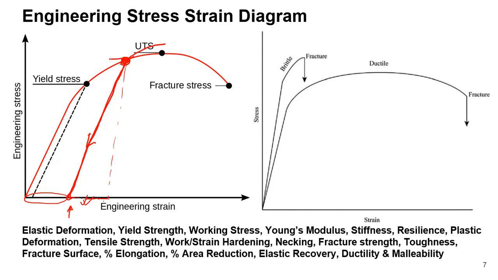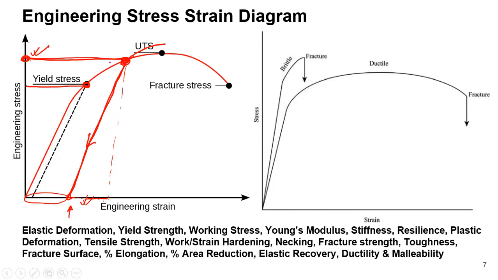Which means that now the yield strength has been increased to this location. Previously its yield strength was this. Now after this much plastic deformation, the material is behaving in a different way, and you can see that its yield strength has been increased to this point.